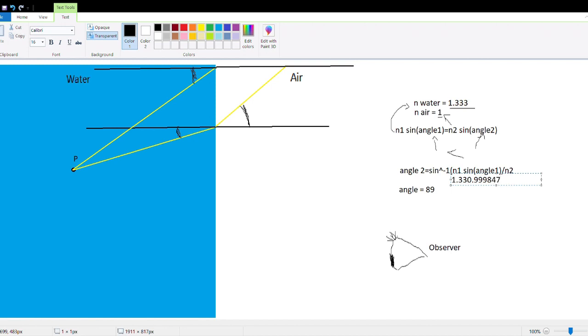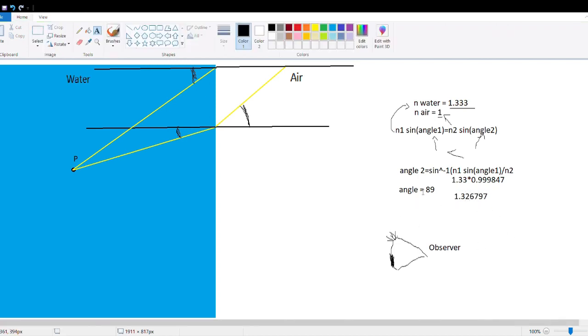These two multiplied and then divided by 1 give a value of 1.329797. And sine to the power of minus 1 of this number is impossible because, of course, the biggest number the sine can be is 1. So sine to the power of minus 1 of this number doesn't exist. So we find a point where actually no ray is refracted to the other side.